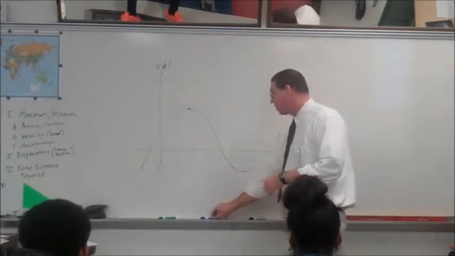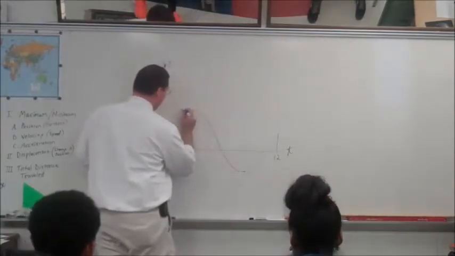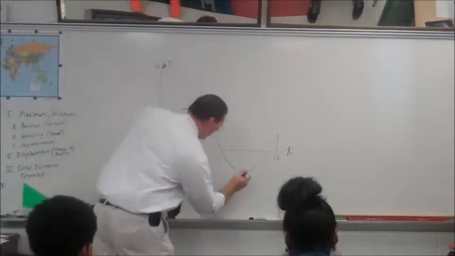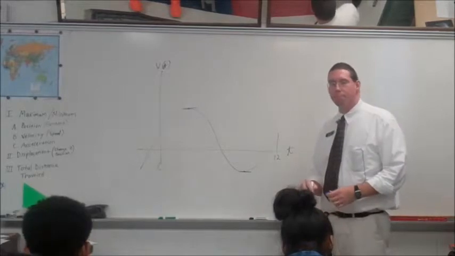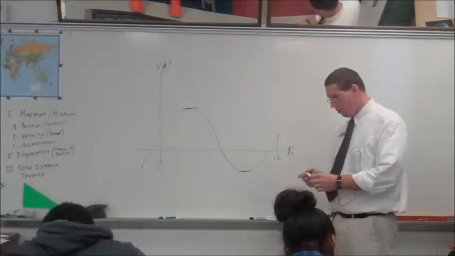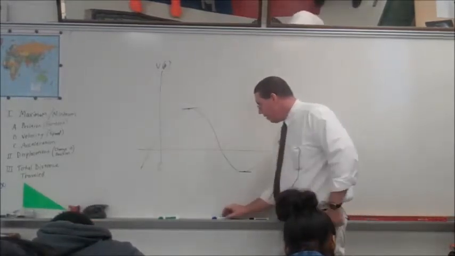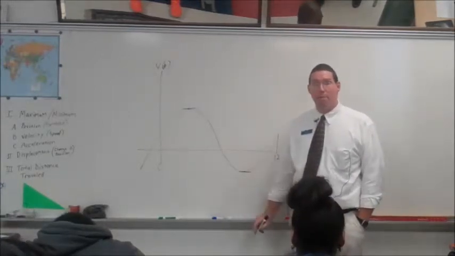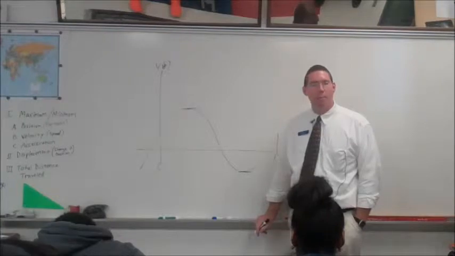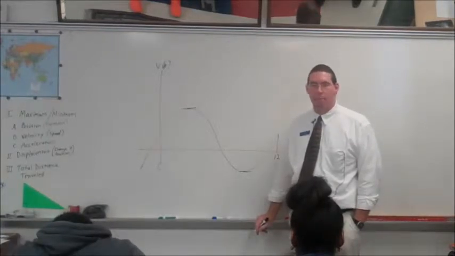If we were to draw a tangent line, wouldn't it look like that? And down here, the tangent line would look like that. Does that look about right? Yes. So if the slope is 0 at a maximum and minimum, what's probably the best way to identify a maximum or minimum?